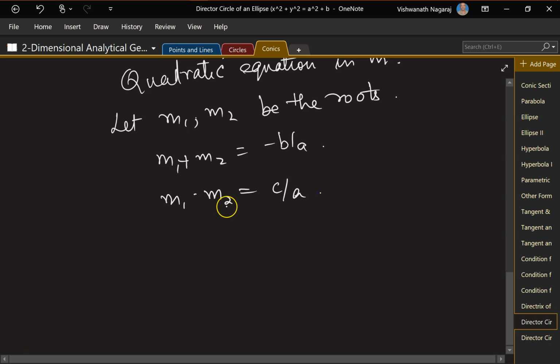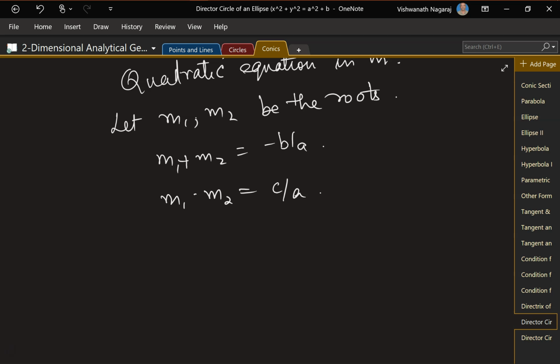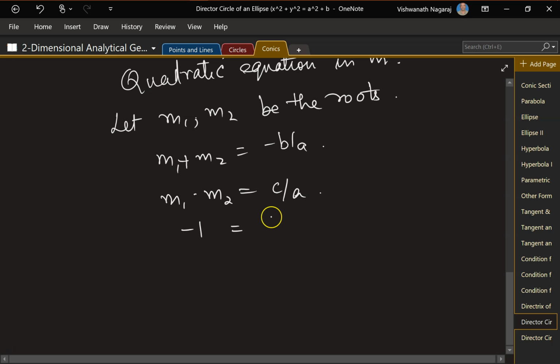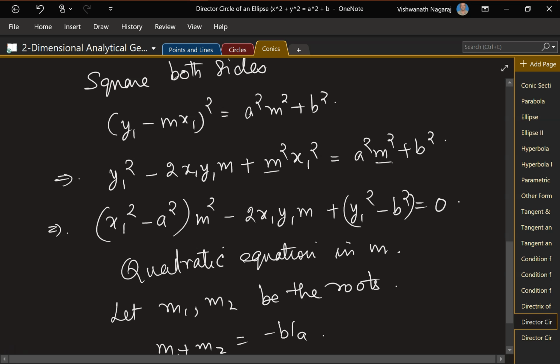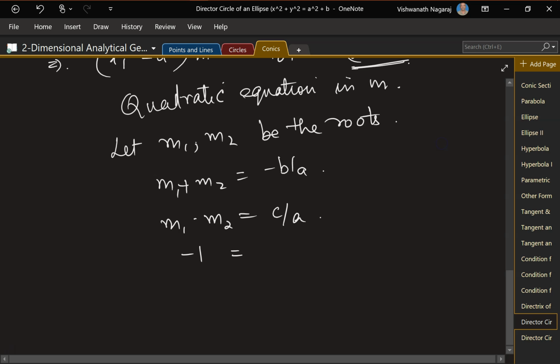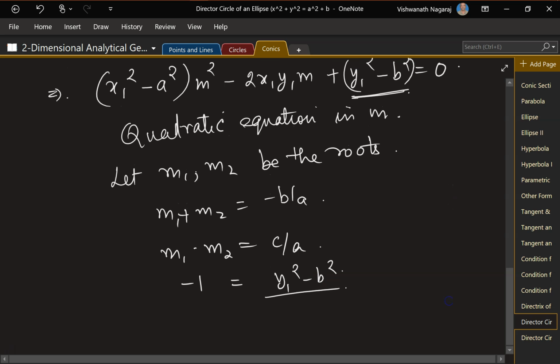Now this is interesting because we have tangents which are perpendicular to each other. So minus 1 is equal to the constant, y1 square minus b square, divided by a, which is x1 square minus a square.